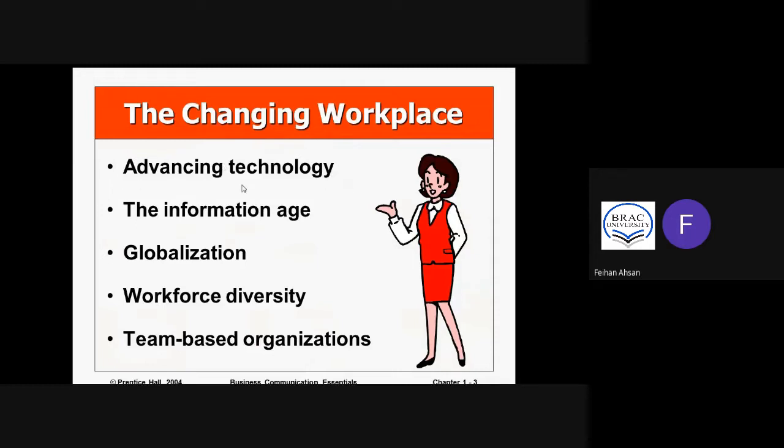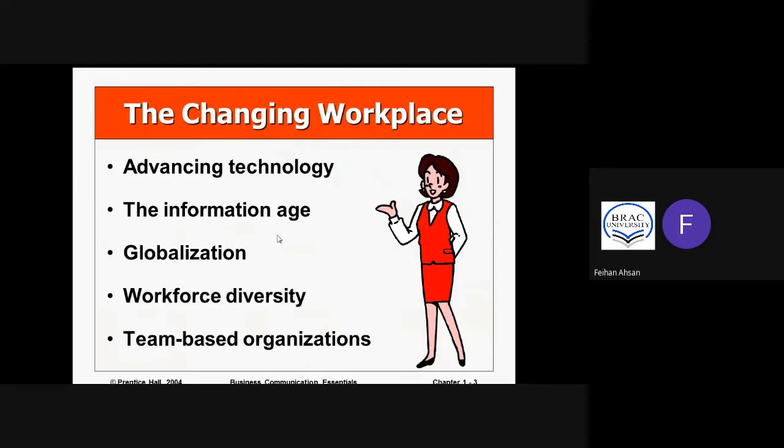And because of advancing technology, the methods and ways of communicating are also changing. Previously, there was only letters and other hard materials. Nowadays, there are a lot of other communication formats, such as emails and all the other electronic methods.